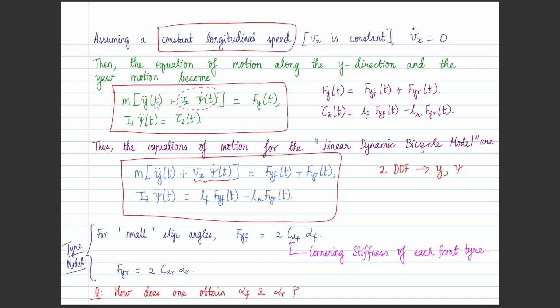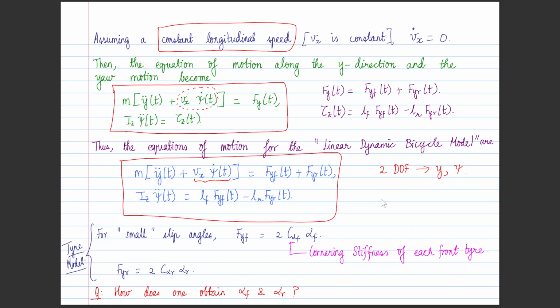And so m into y double dot plus Vx into psi dot equals Fyf plus Fyr, right? And Iz psi double dot equals Lf into Fyf(t) minus Lr into Fyr(t). So this is a linear bicycle model which has 2 degrees of freedom.